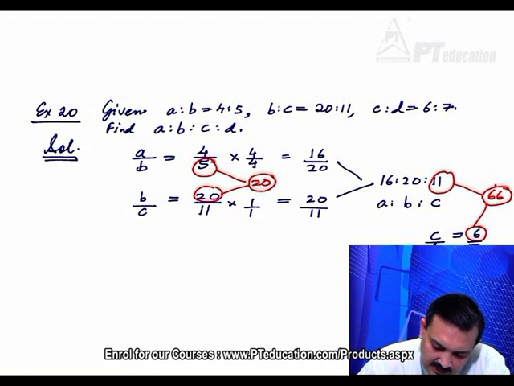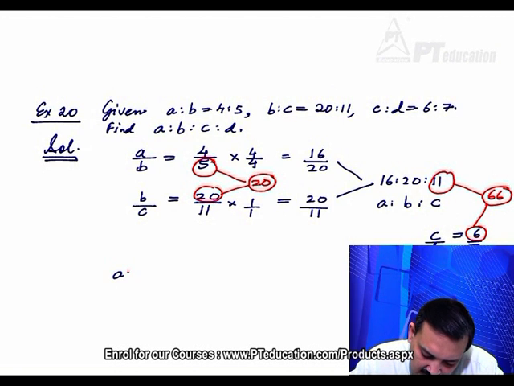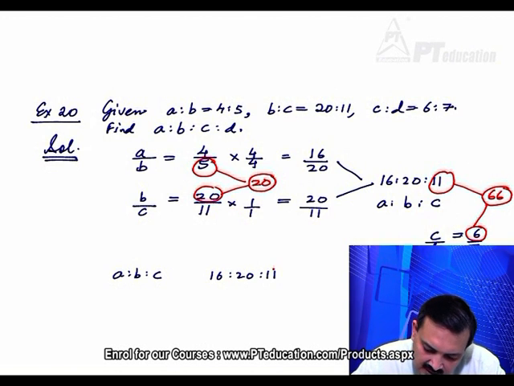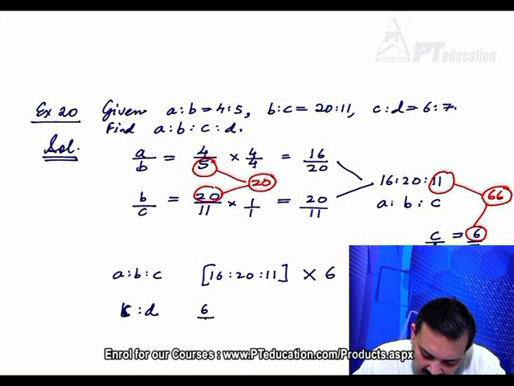So that can be obtained by multiplying the first ratio, which is ABC, 16 is to 20 is to 11, throughout by 6. And the second was C is to D, which was 6 by 7.